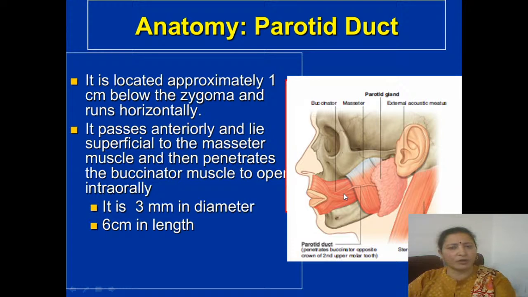So various disorders can come up because of the duct, and we all know how it traverses on top of the masseter and then sinks down between the buccinator fibers and finally opens in the upper part, near the second upper molar tooth.